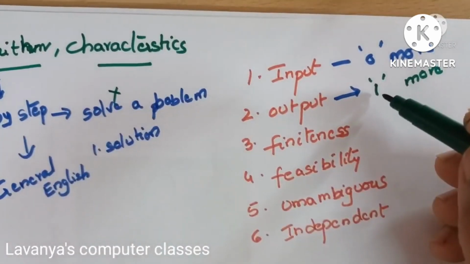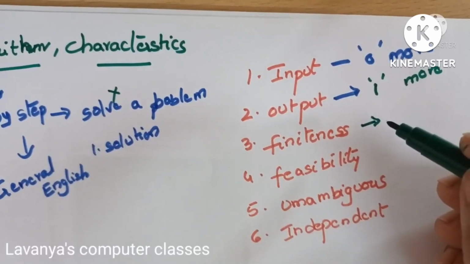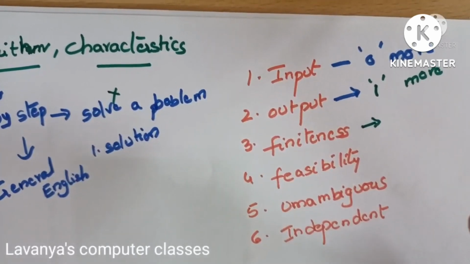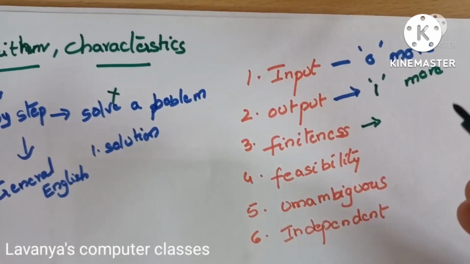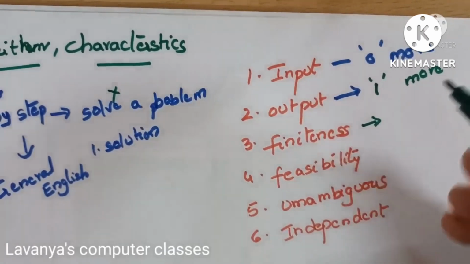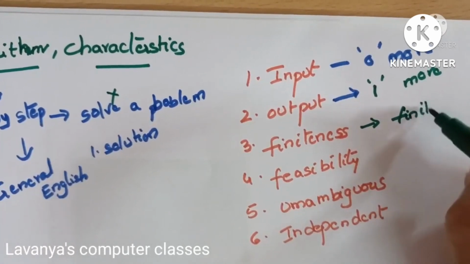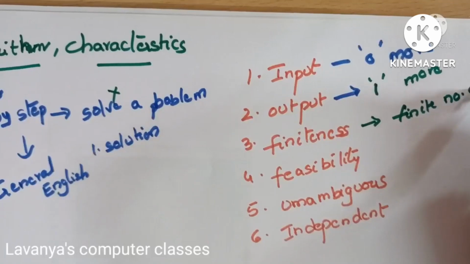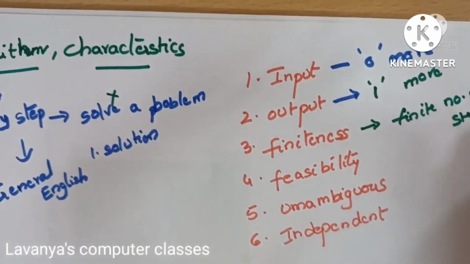Third one is finiteness. The meaning of finiteness is that every algorithm must terminate after a finite number of steps. Because in the definition I said it is a step-by-step procedure. How many steps? 10, 12, 15 or 100, any number of steps. But you have to terminate at one point.